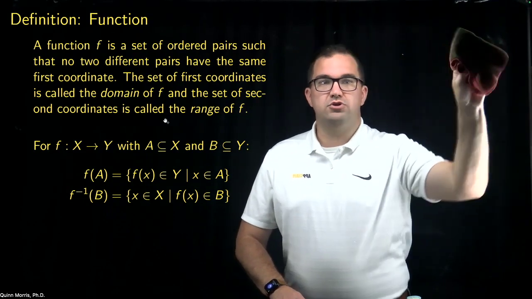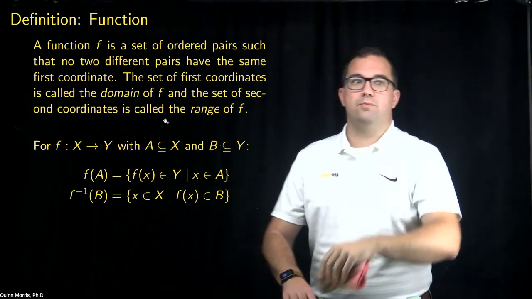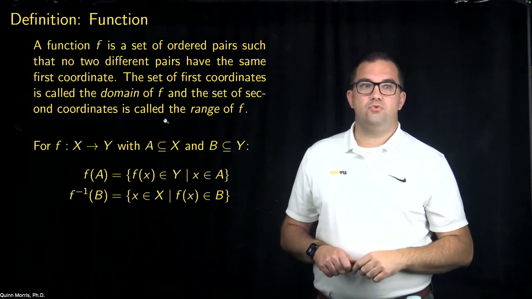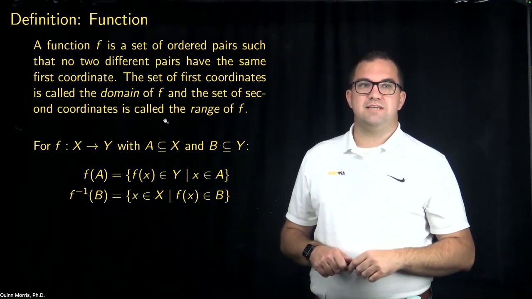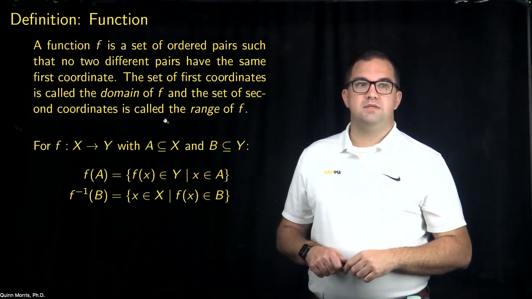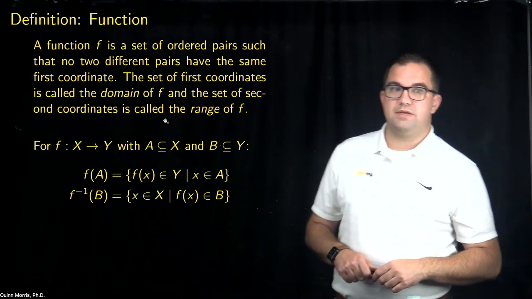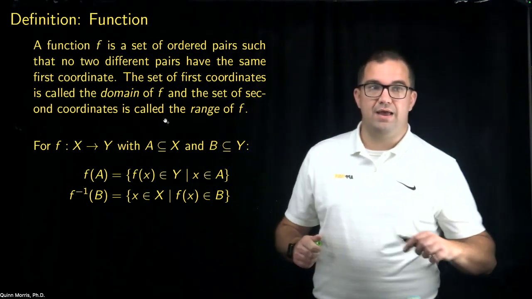So a function f, for our purposes, is a set of ordered pairs such that no two different pairs have the same first coordinate. The set of first coordinates is called the domain of f, and the set of second coordinates is called the range of f.